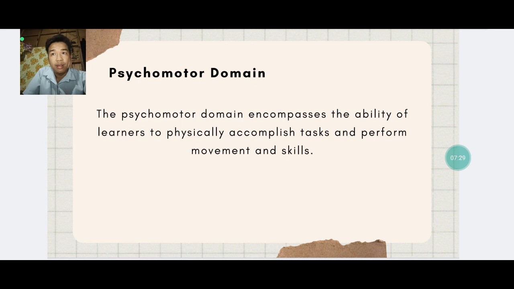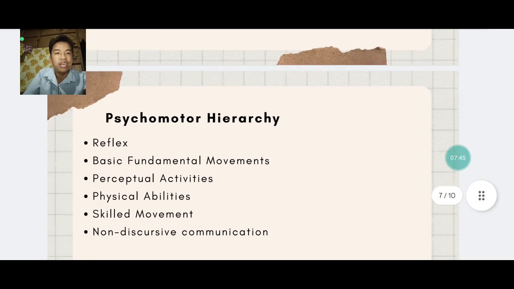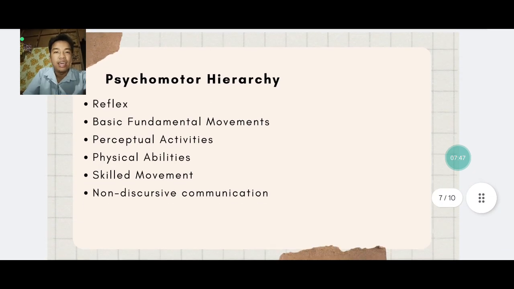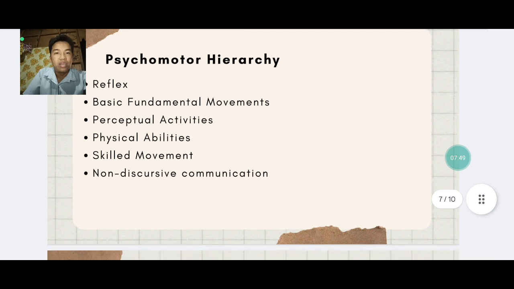The example here falls into Harrow's 1972 theory. This hierarchy ranges from reflexes and basic movements to non-discursive communication and meaningful expressive activity. So these are the psychomotor hierarchy in this domain.